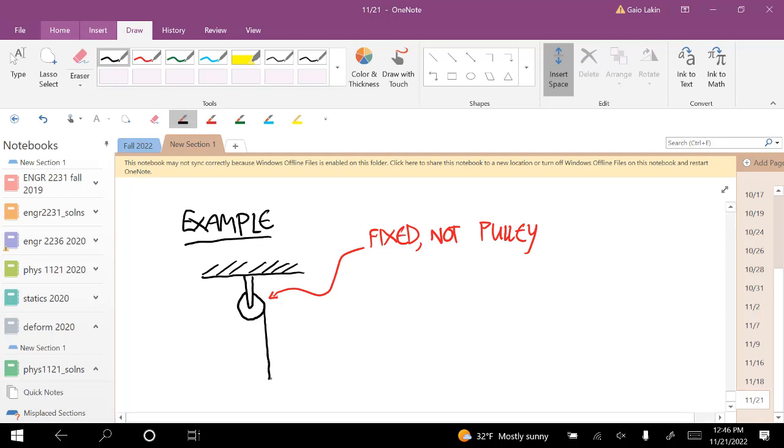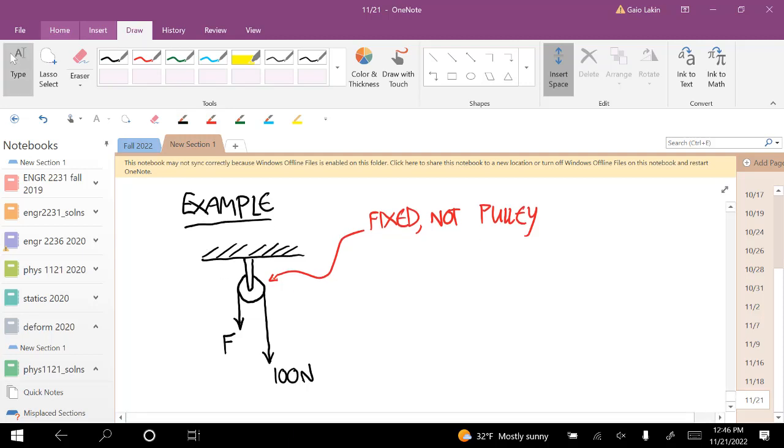And let's say that over here, the force we're trying to support is 100 newtons. And we want to figure out what force is required to support it. The coefficient of friction is 0.2.